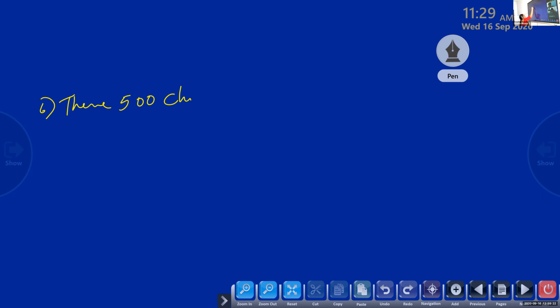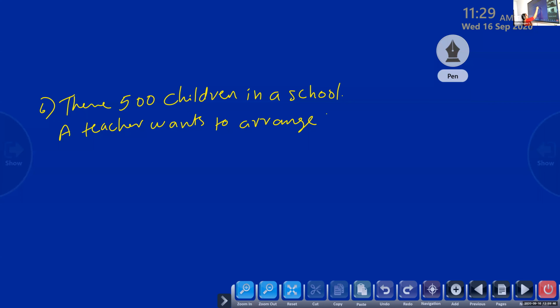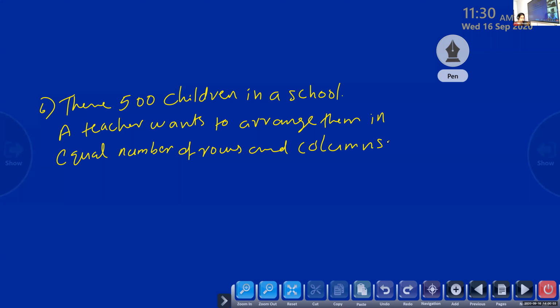A teacher wants to arrange them in equal number of rows and columns.